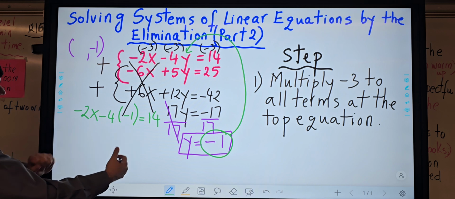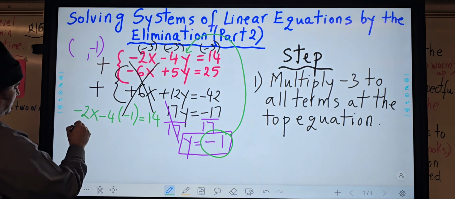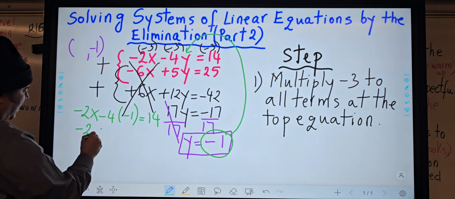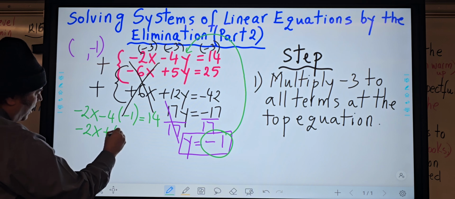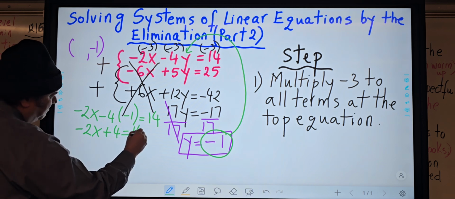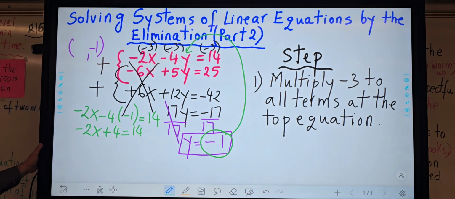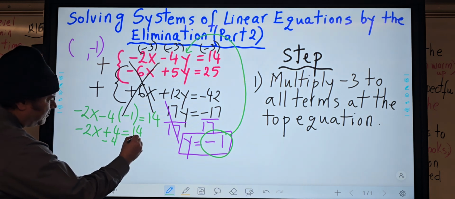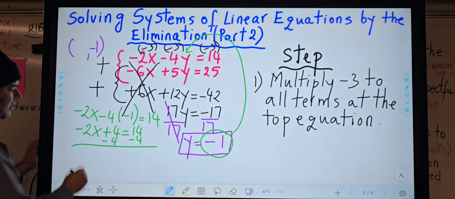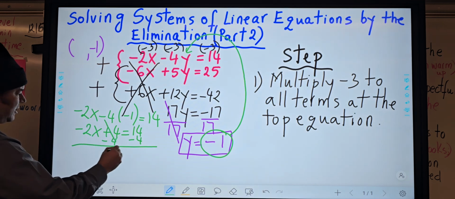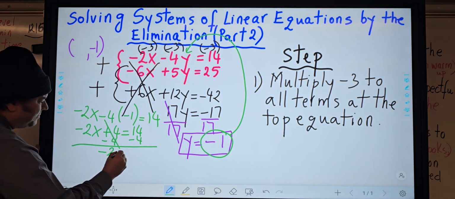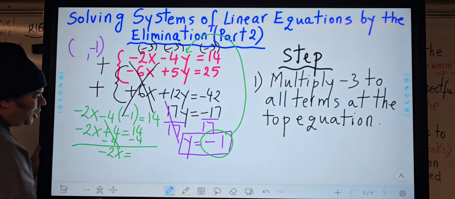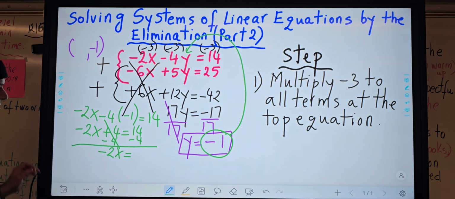Negative times a negative becomes a positive, so we have negative 2x plus 4 equals 14. Now we subtract 4 on both sides. 4 minus 4 cancels out. So we get negative 2x equals 14 minus 4, which is 10.